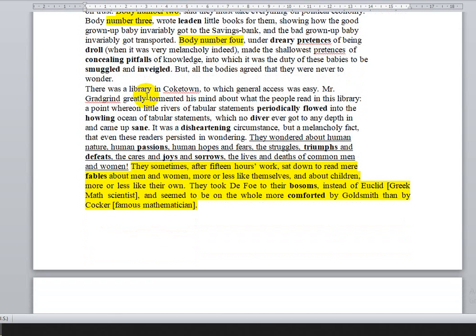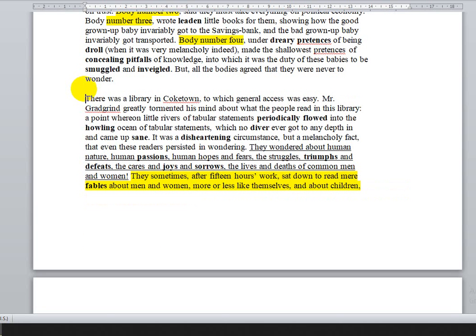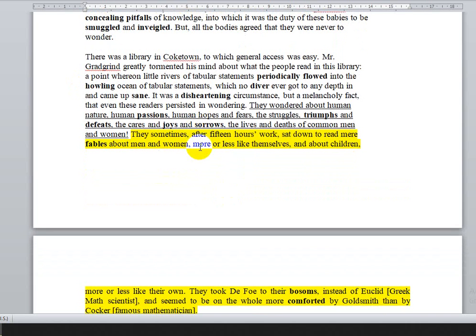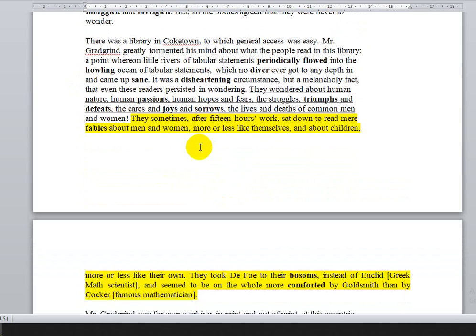The next point discusses the people of the society. This is an important issue. There was a library in Coketown. A summary of this paragraph: there is a library in Coketown, and people used to go and read or entertain themselves in that library.